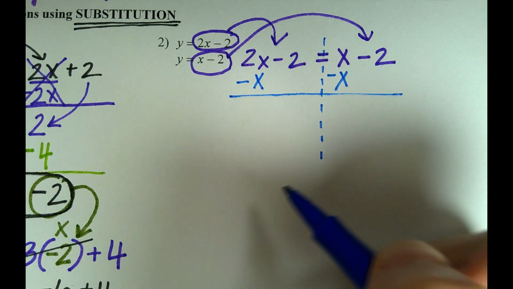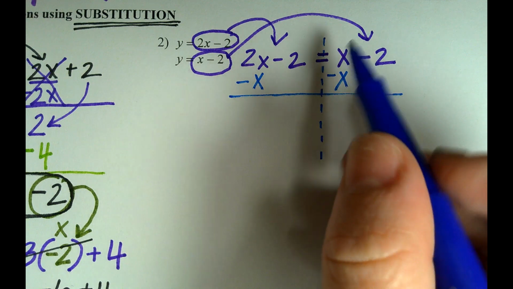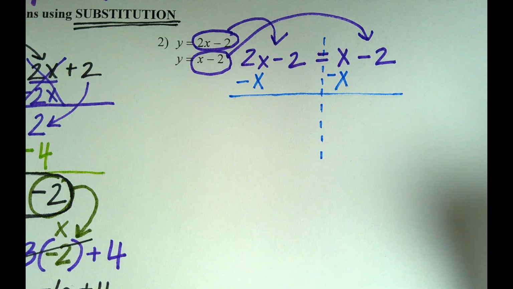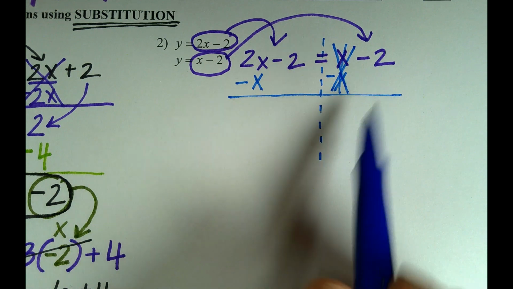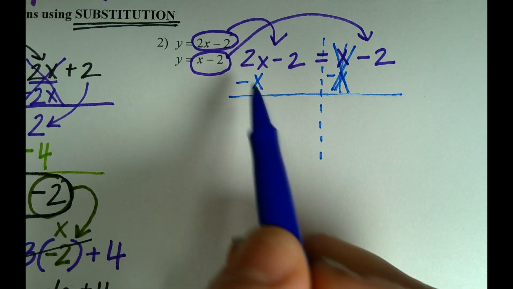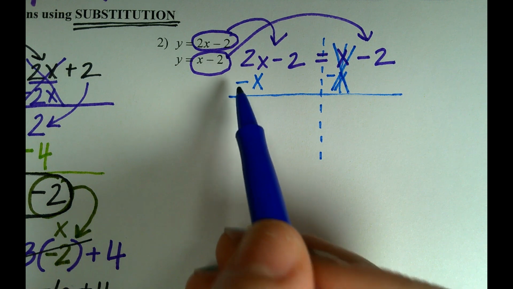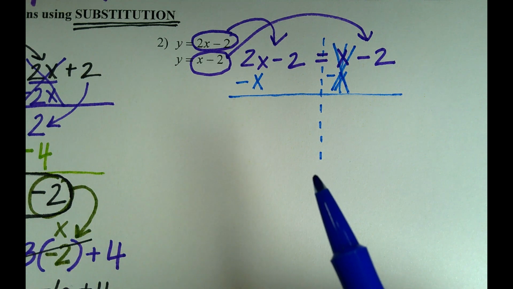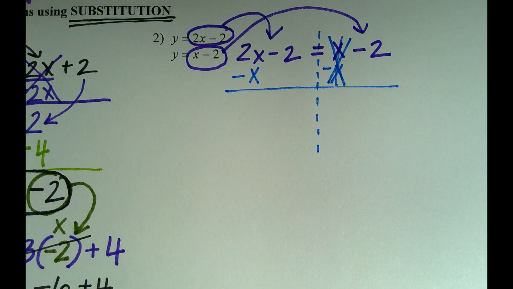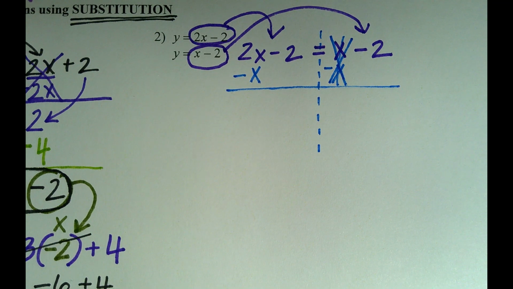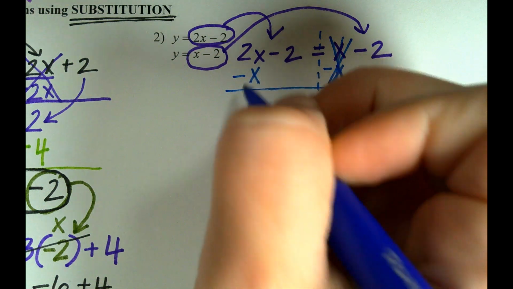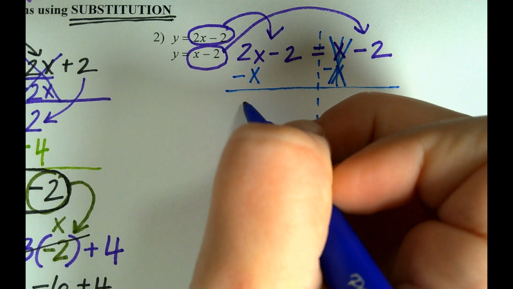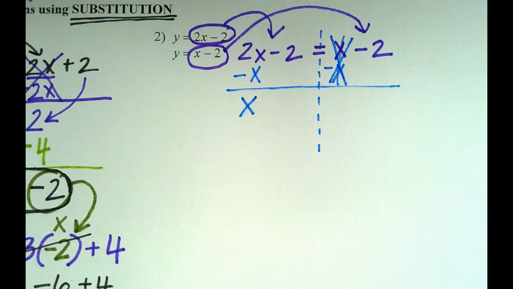Okay, so x minus x, what happens here? They cancel out. There's nothing left. And over on my other side here, 2x minus x. If I have 2 x's and then I take one of them away, how many will I have left? 1x. Good. So whenever we do this subtraction, we will have 1x left, but we're just going to write x.